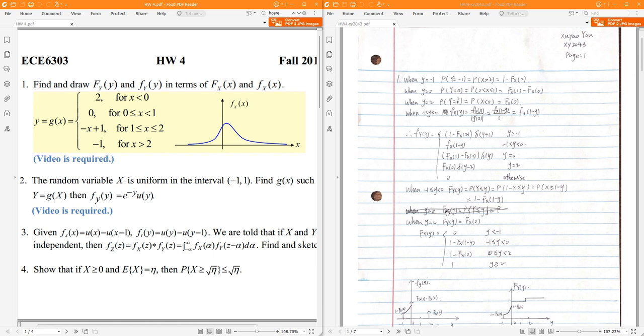The easiest one is when y is smaller than -1, the probability is 0 because nothing is there. And for y greater than 2, the probability is 1. This is by definition. And then we need to calculate when y is from -1 to 0.